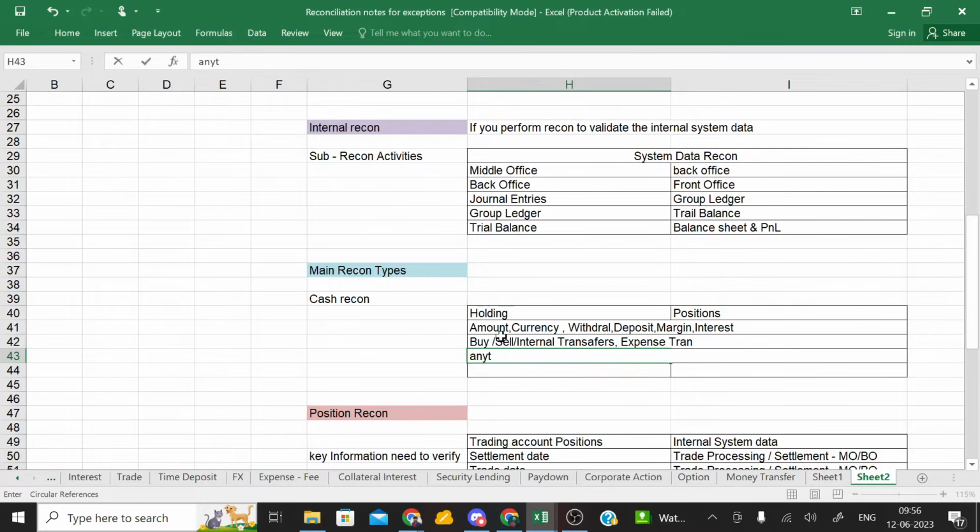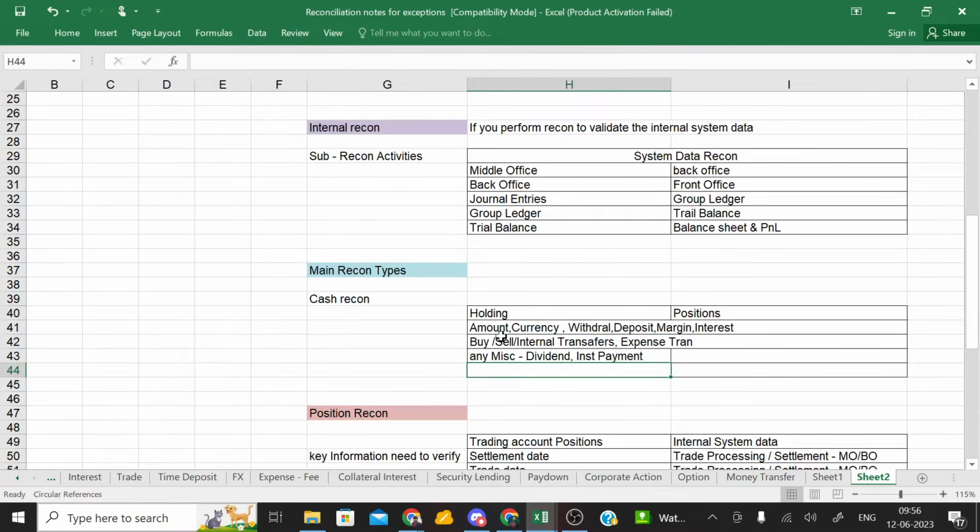It means any miscellaneous transactions, including dividends, interest payment, all of that we compute in cash.